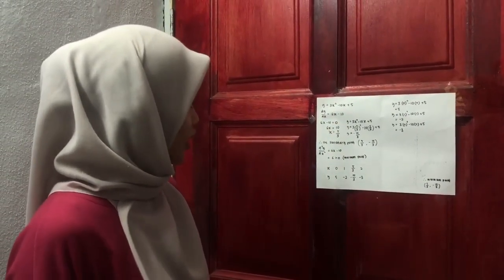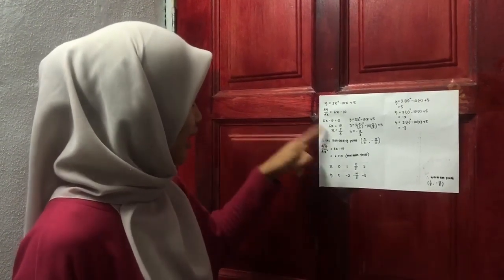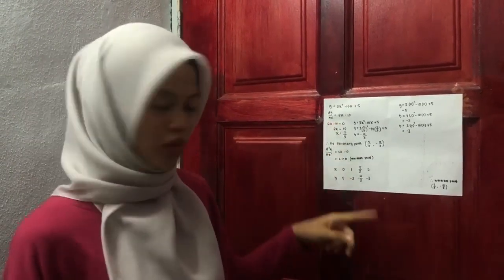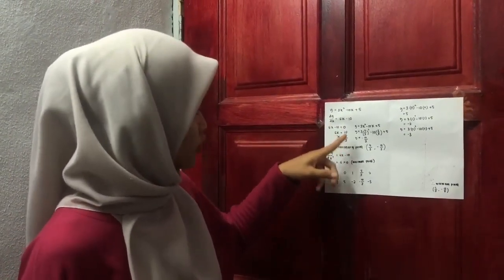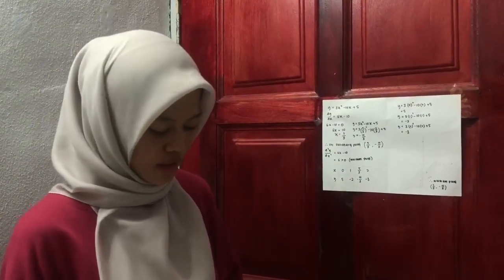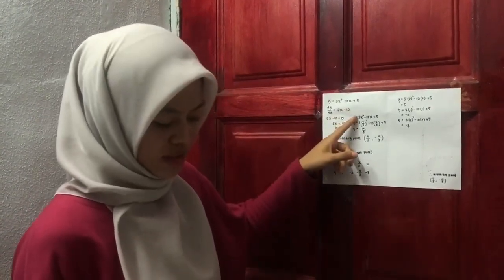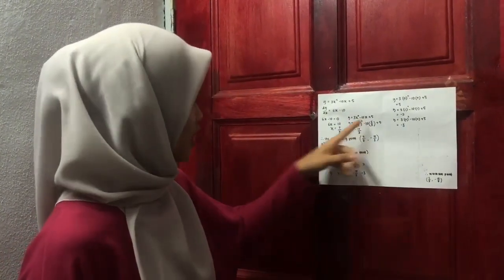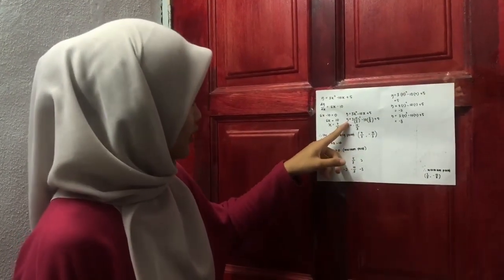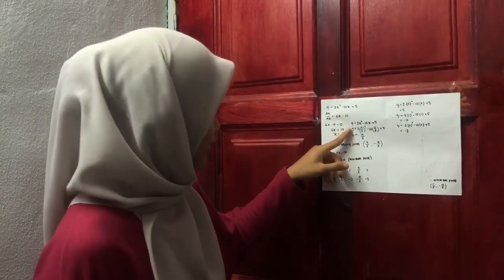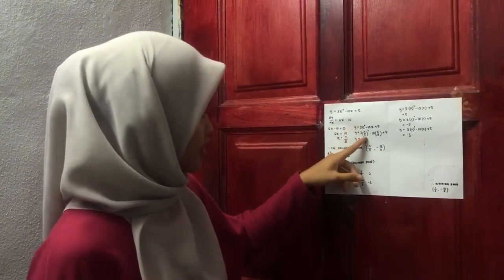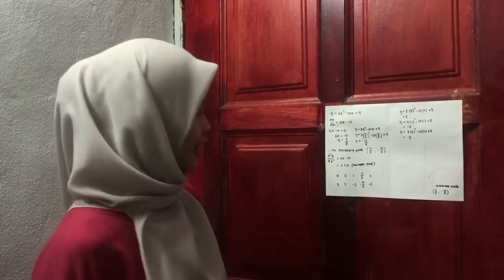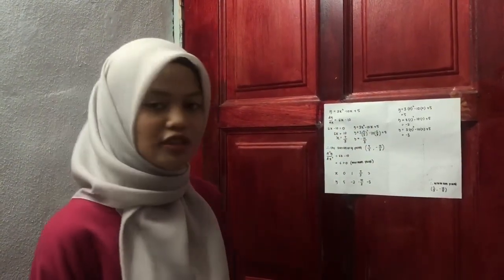Then we need to calculate x: 6x minus 10 equals 0, and the final answer is x equals 5 over 3. We need to calculate y, which is replacing x with the answer of x. y equals 3(5 over 3) power of 2 minus 10(5 over 3) plus 5. The final answer is y equals negative 10 over 3.